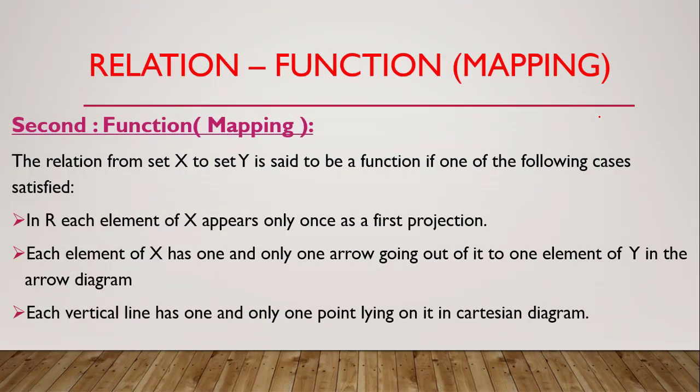Okay. Also, we have a function or mapping. Any relation can be considered as a function if we have some conditions. The condition is that each element of the first set is connected with only one element of the second set.